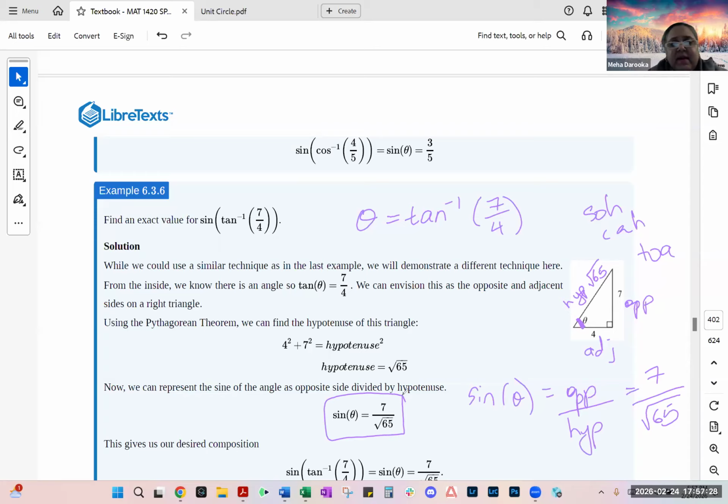But again, in algebra, we do not leave the radical on the bottom. So you need to rationalize your denominator and write it as 7 times square root of 65 over 65. So rationalize your denominators when and where you can.